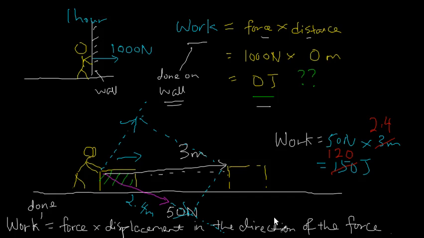It quite often happens that it can be more convenient to use the other version, which says that work done is the force in the direction of the displacement times the displacement.